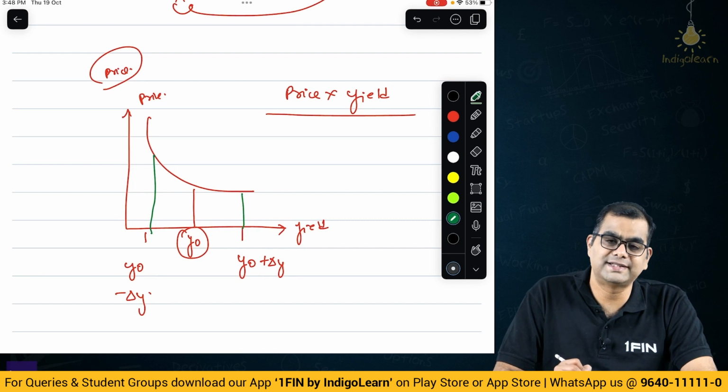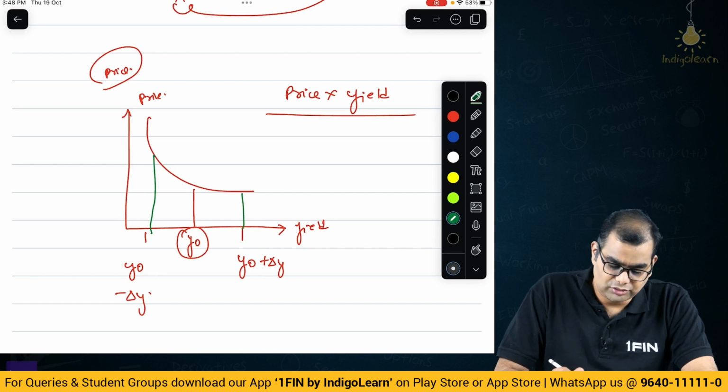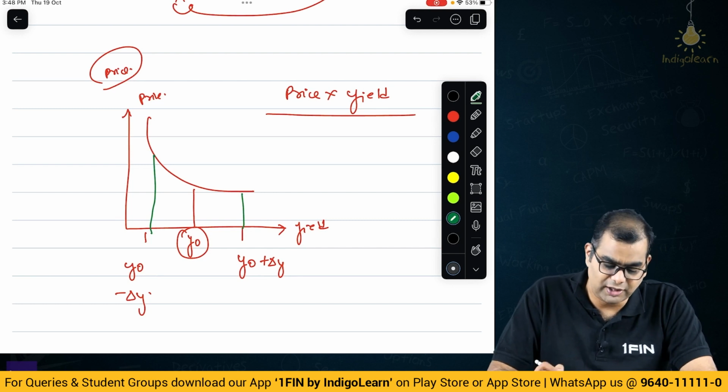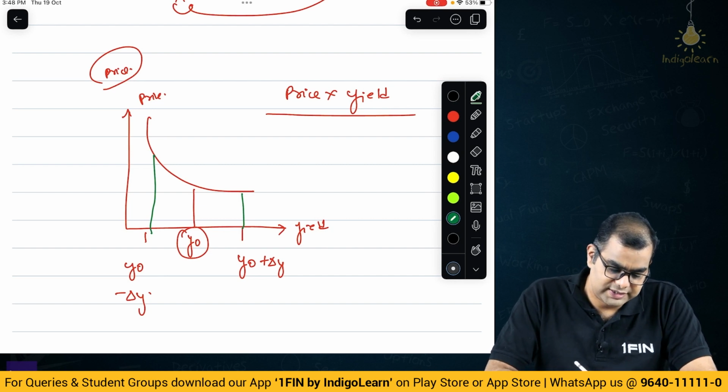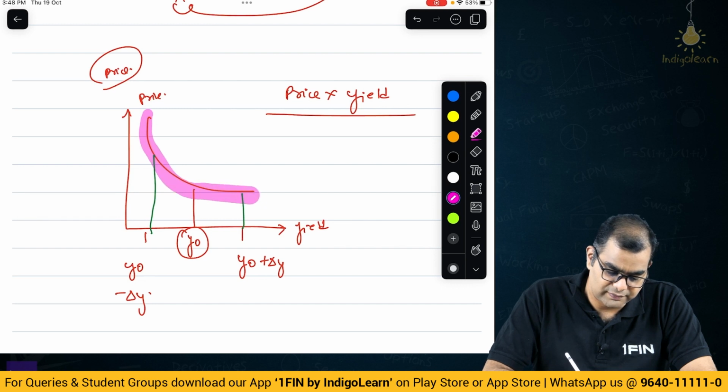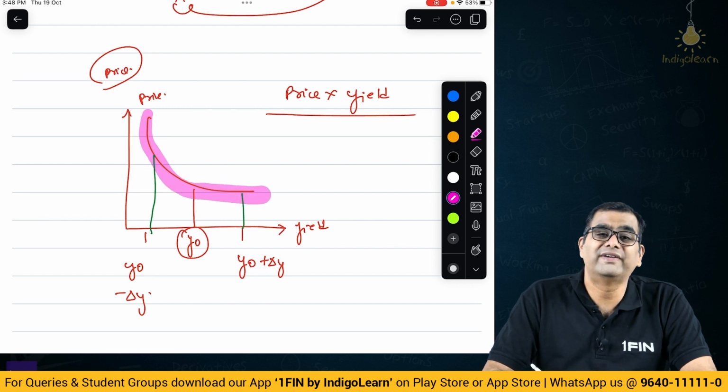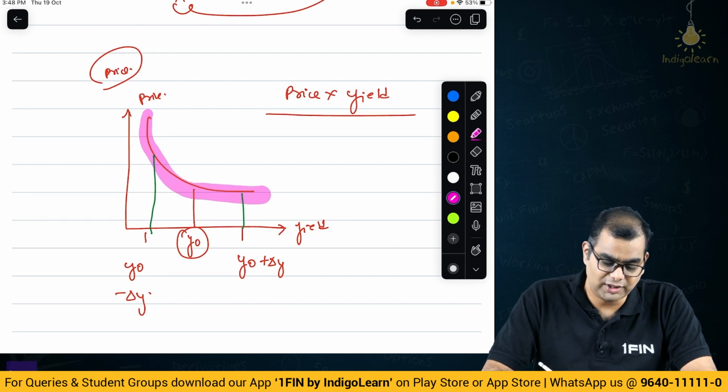One more very important thing that you should note is that this particular curve is convex in nature.